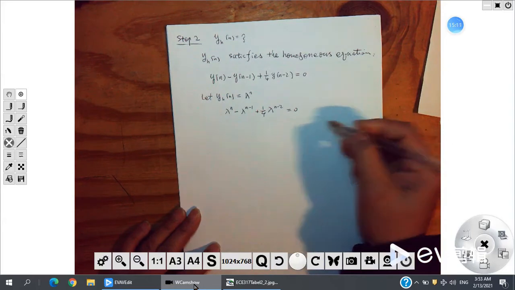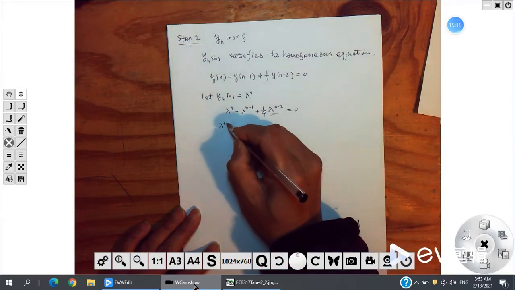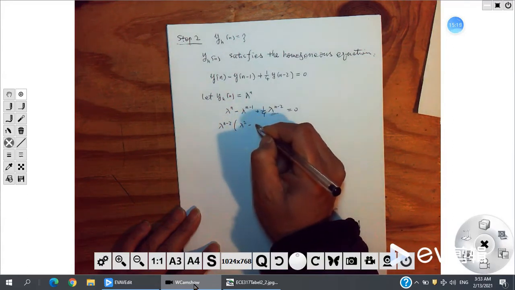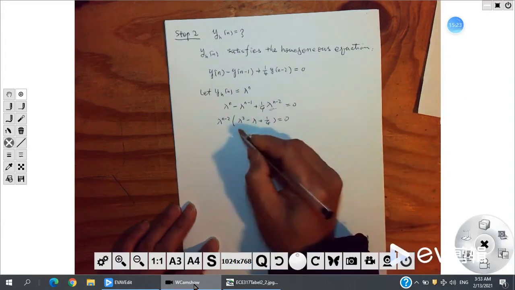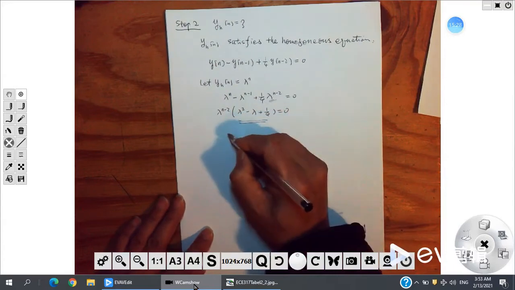We can remove these out, so lambda to the n minus 2 times lambda squared minus lambda plus 1/4 equal to 0. So it is just this one equal to 0.